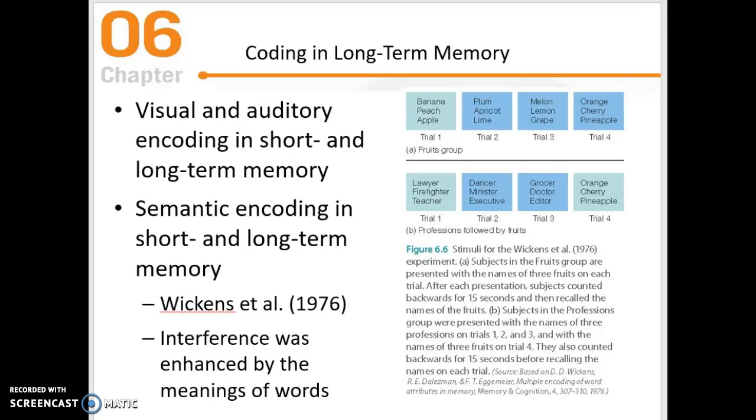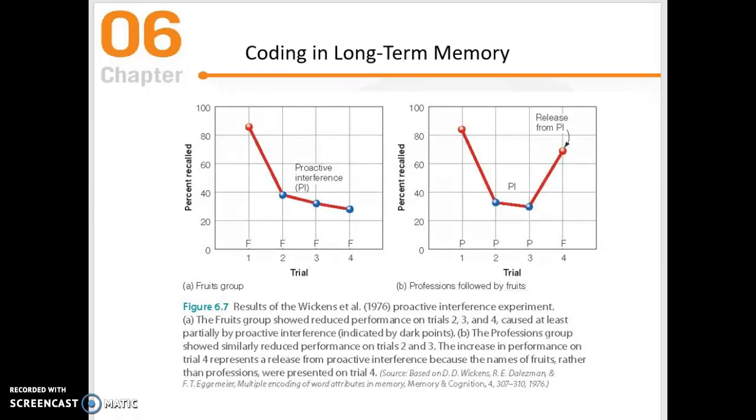In trial B, in the section B there, you can see that the first 3 trials have professions listed. So there would be proactive interference with each profession, with each list of professions presented. But then, when they introduced fruit in trial 4, they found that there was good memory for the fruits, and you can see that on the graph on the right with trial 4 with the F for fruits.